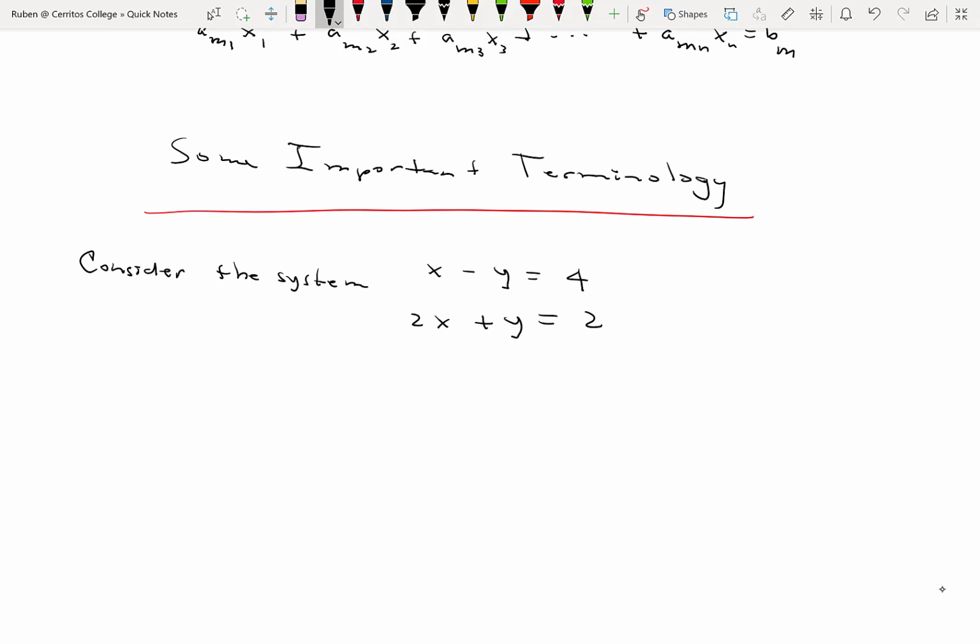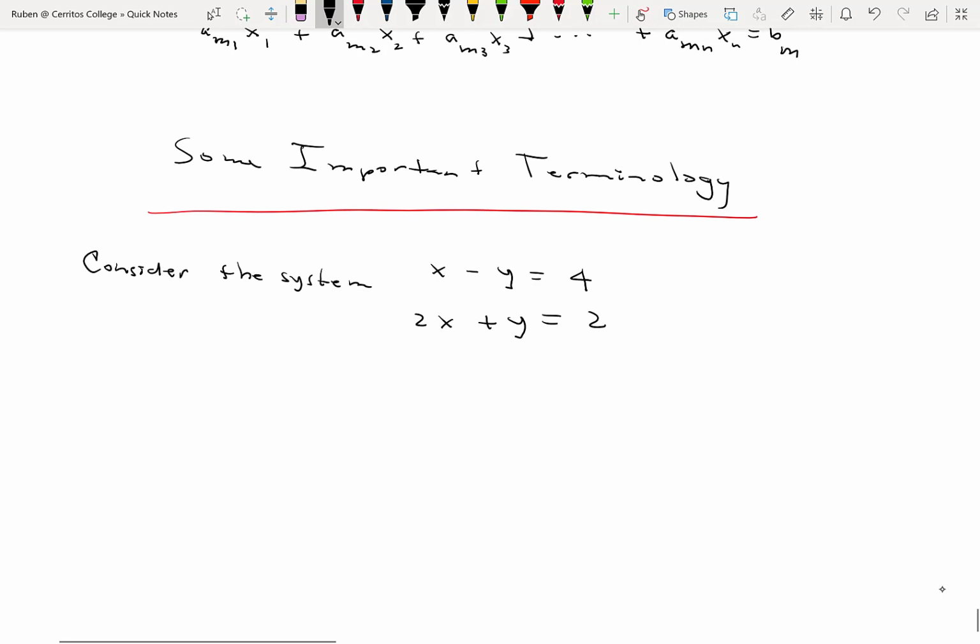Okay, we learned real early on in our math career in elementary algebra that if we were to graph this system, we would be looking at what? Do you remember? Kind of important. We'd be looking at two lines. In fact, this system represents two lines in R2, in the xy plane.